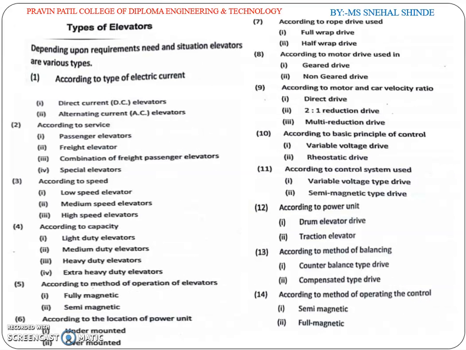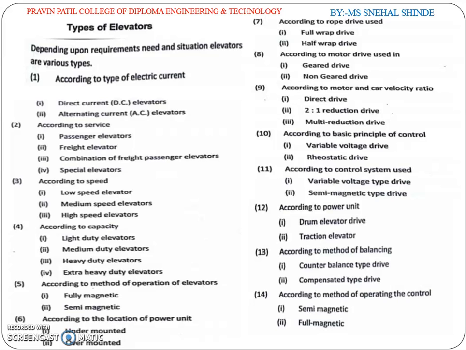Now next is the types of the electric elevators. Depending upon the requirements, need and situation, elevators are of various types. According to the type of electric current: direct current DC elevators, alternating current AC elevators.